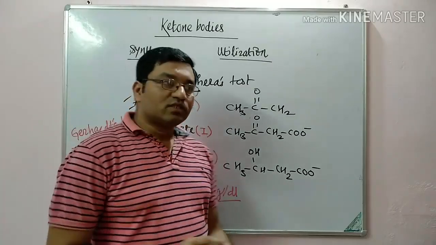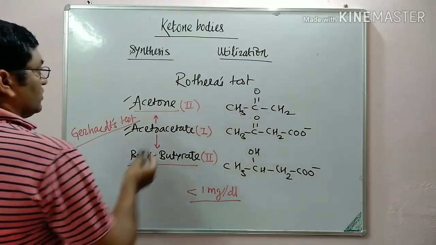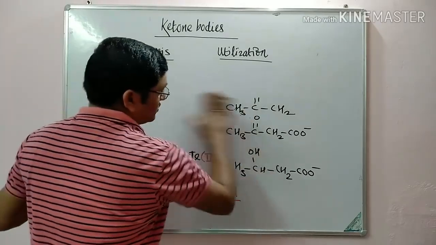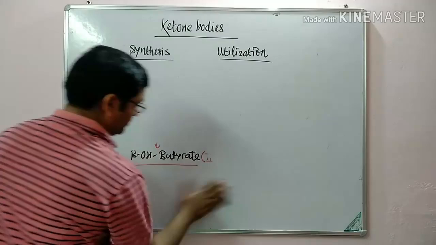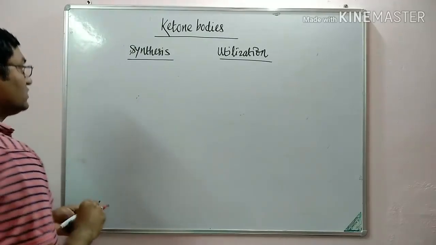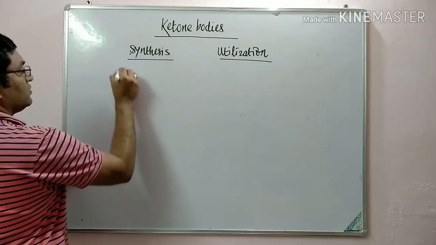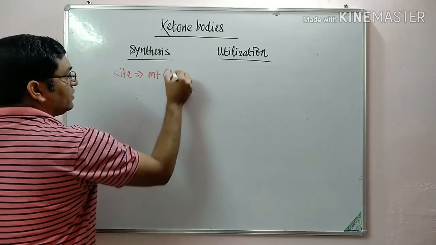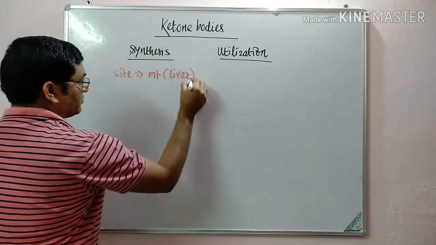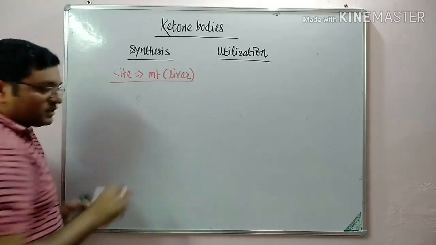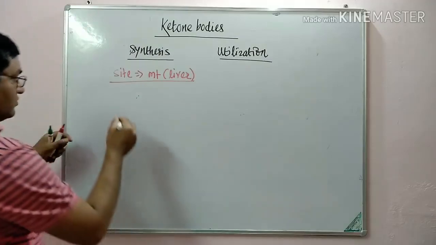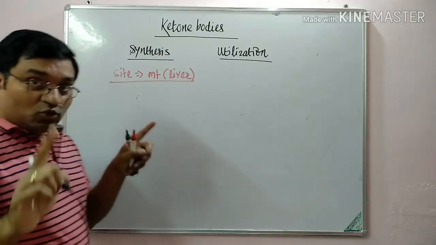Now coming to the synthesis of ketone bodies. The synthesis occurs in the liver, in the mitochondria of the liver. It is synthesized mainly in two clinical conditions.